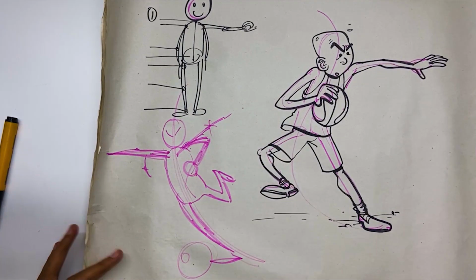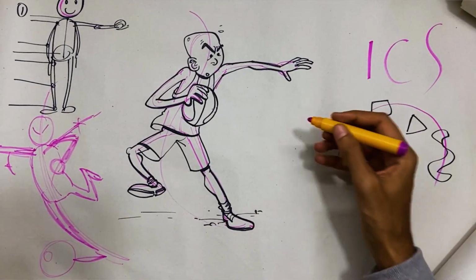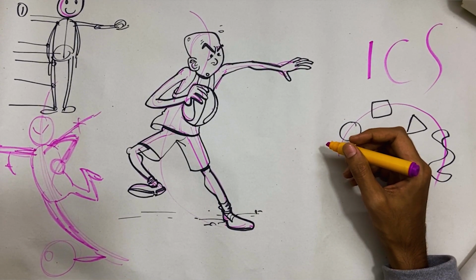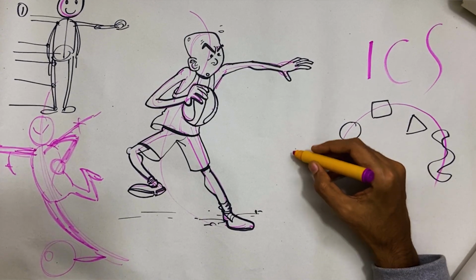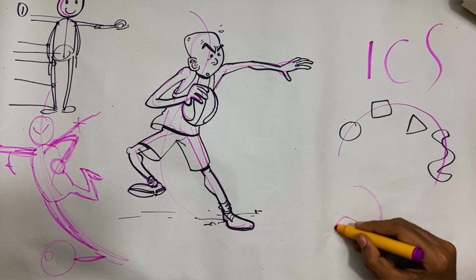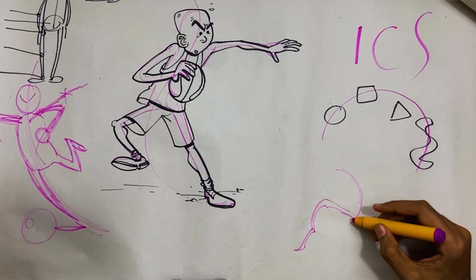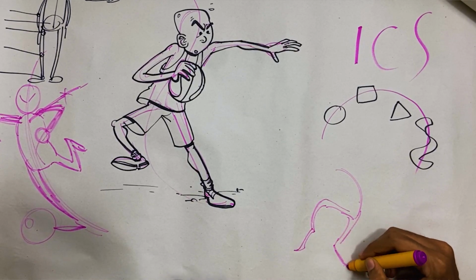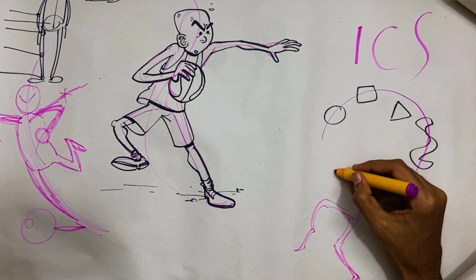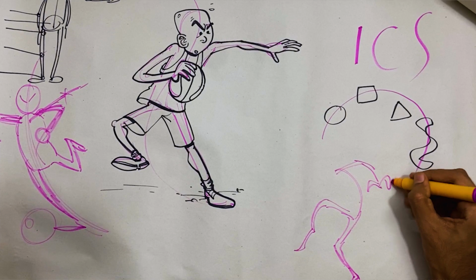Okay, let's try another pose. Let's say that somebody is walking without making noise. It's very tough. Always I'm imagining how would I do it if I have to do that?